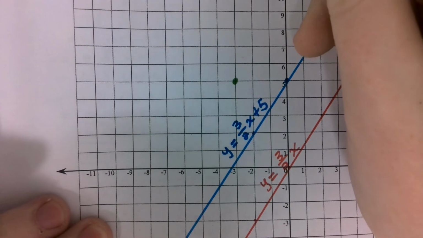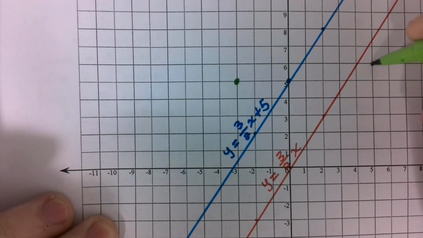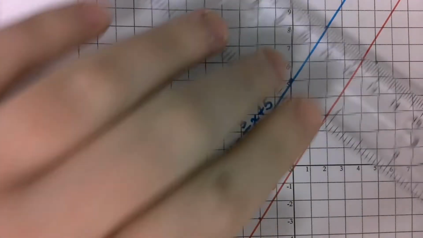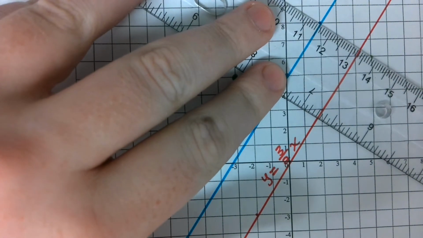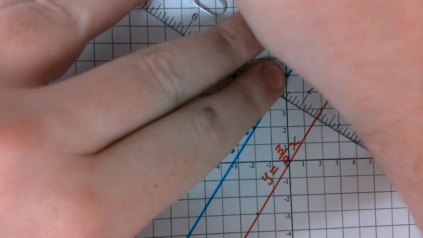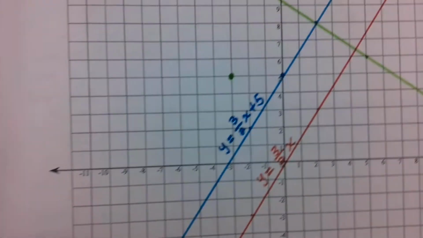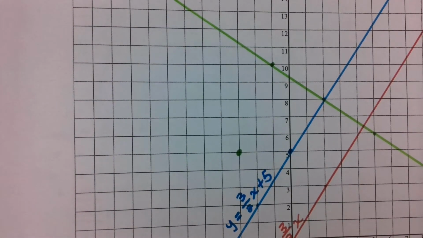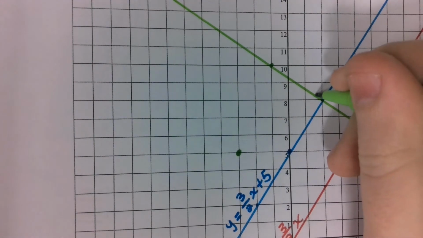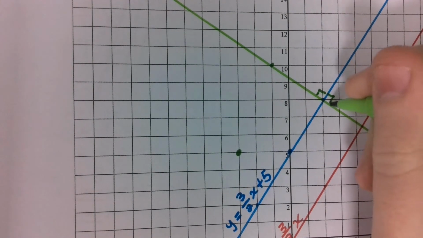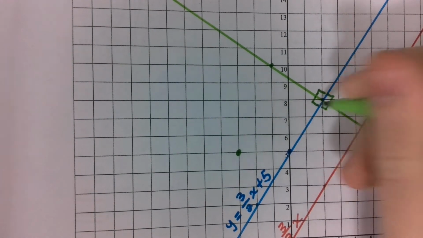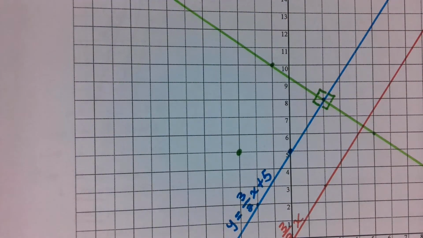Let me give you an example of something that is perpendicular and something that is not perpendicular. Something that is perpendicular would be a line going like this through our red and blue. Notice how we can draw out these little corners on each of the intersections. Those are right angles.